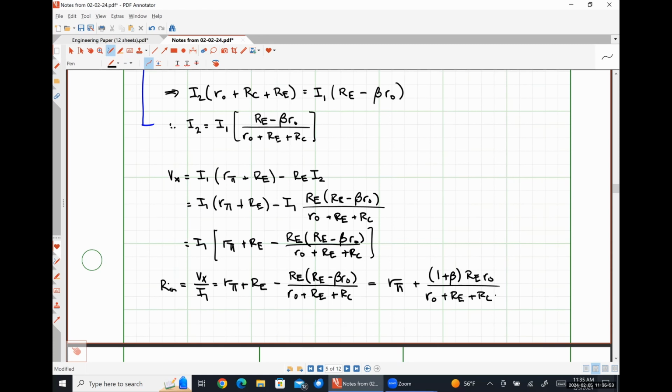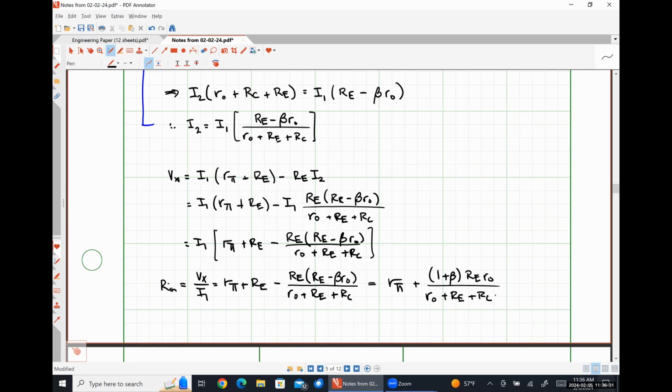And that something else is actually going to be particularly large, because in my numerator here, I have a factor of 1 plus beta. So for a bad transistor, this would be a factor in the ballpark of 50. For a good transistor, this might be a few hundred times the product of RE and R naught. So the emitter degeneration serves to make the input resistance of the amplifier very, very large.